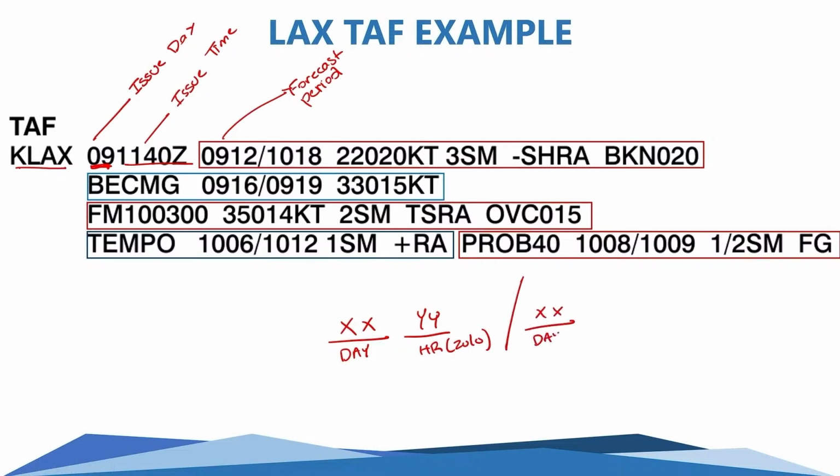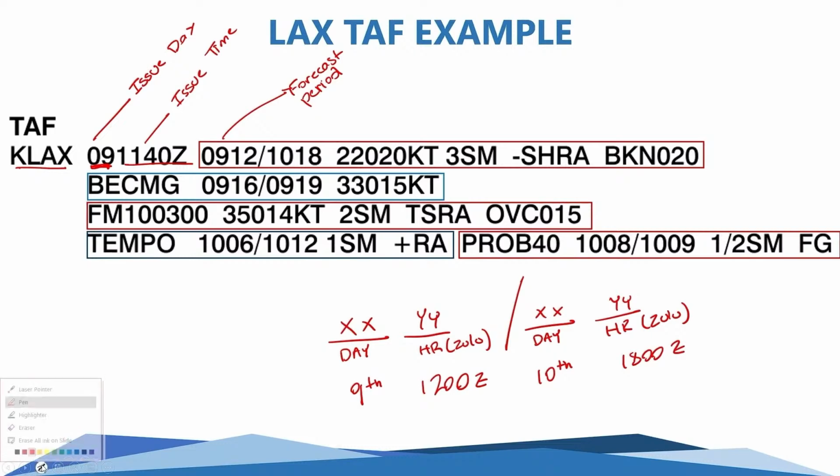It'll have the day, and then it's going to have the hour in Zulu time again, okay? And anytime that you see that slash in a TAF, in this example, what we're reading is the 9th day, starting at 1200 Zulu, and I'm pulling it directly from the top there of that forecast period, and that is going to run through all the way to the 10th day at 1800 Zulu, okay?